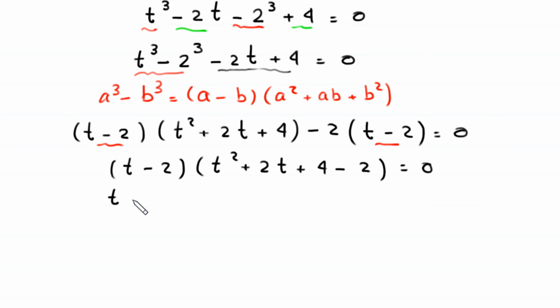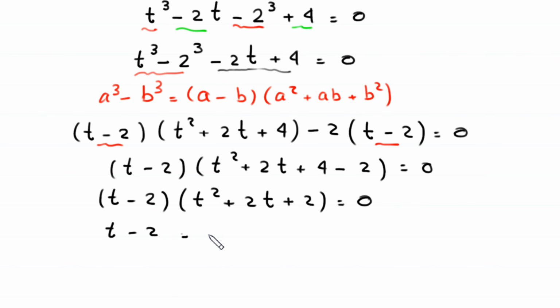Next, (t minus 2) times (t² plus 2t, 4 minus 2 will become plus 2) is equal to 0. From here, either this expression t minus 2 is equal to 0, or this expression t² plus 2t plus 2 is equal to 0.